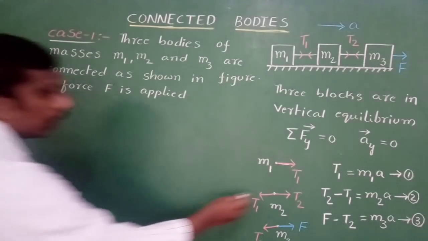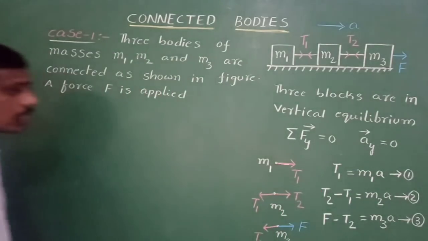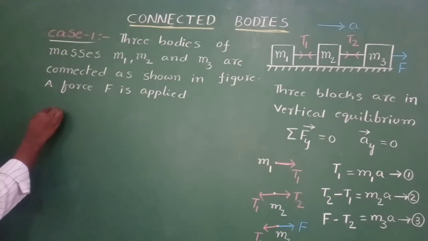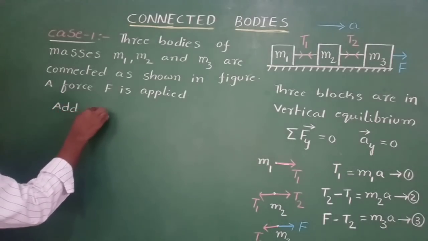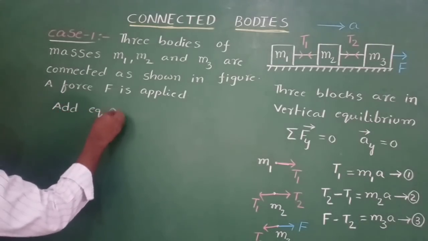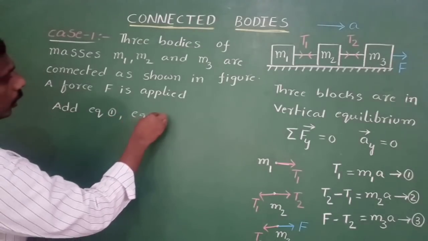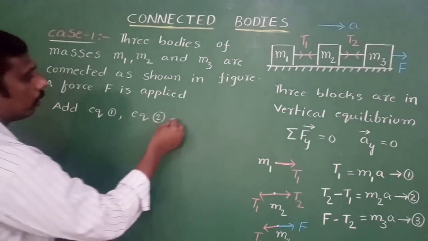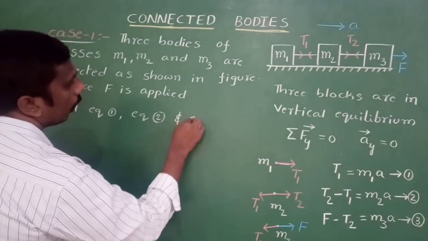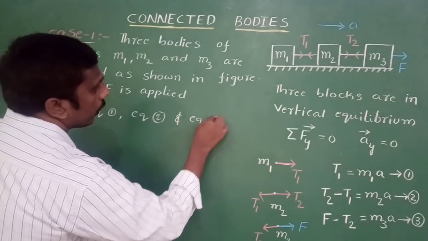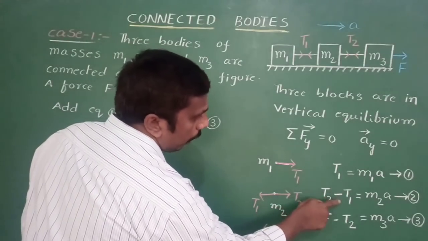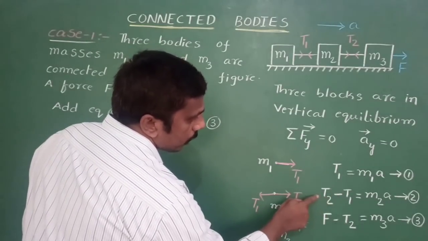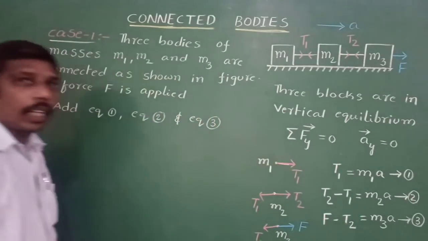Next, now add these three equations: equation 1, equation 2 and equation 3. After adding these three equations, if you observe, plus T1 minus T1 get cancelled, plus T2 minus T2 get cancelled.